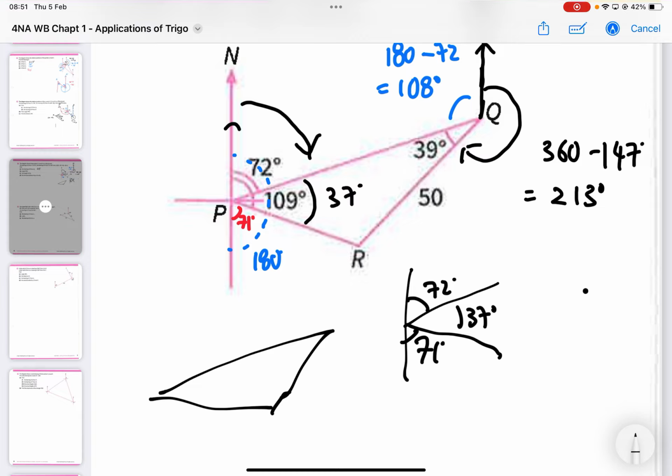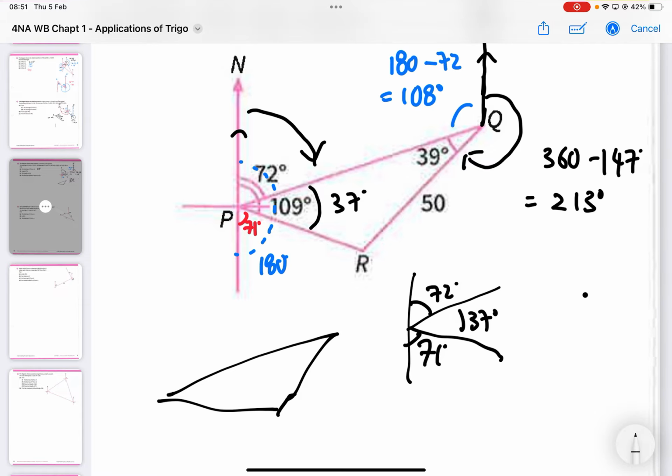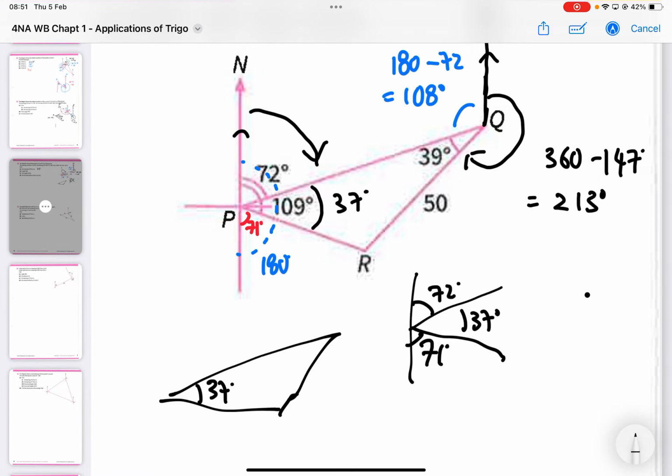So when it is getting too messy, with too much information, you can just draw out what is required to find your next step. So here is 37, here is 39. You know this is 50, and you want to find PQ.